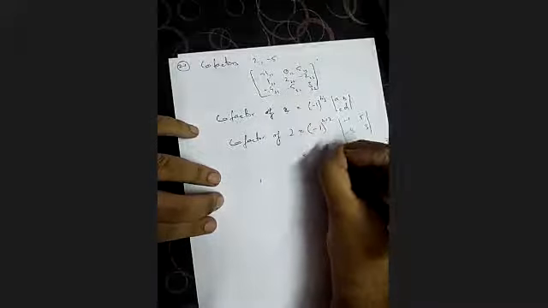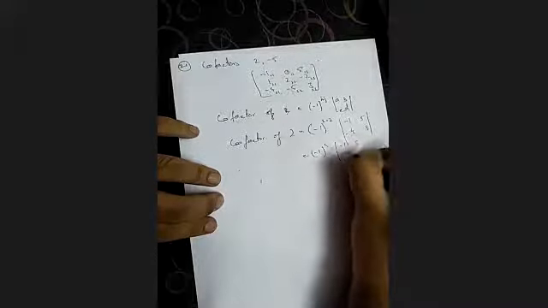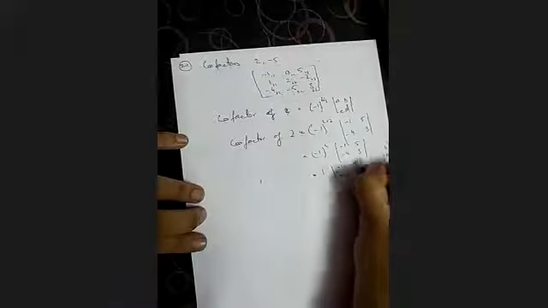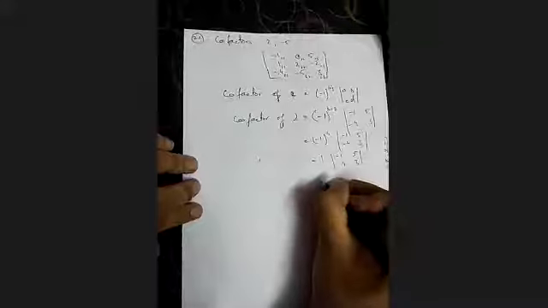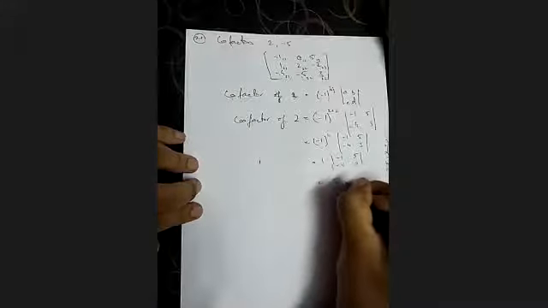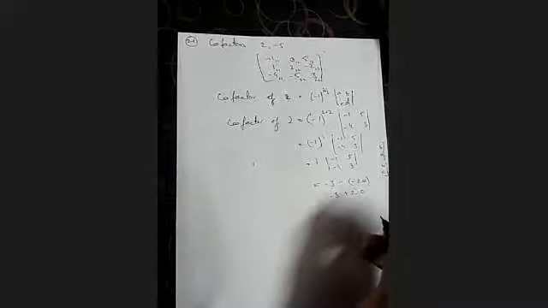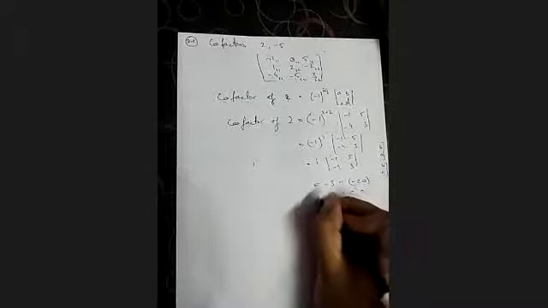So minus 1 power 4 will be 1, and that of the minor: minus 1 into 3 is minus 3, minus of minus 5 into 4 will be minus of minus 20. Minus into minus is plus, 20 minus 3 will be 17.